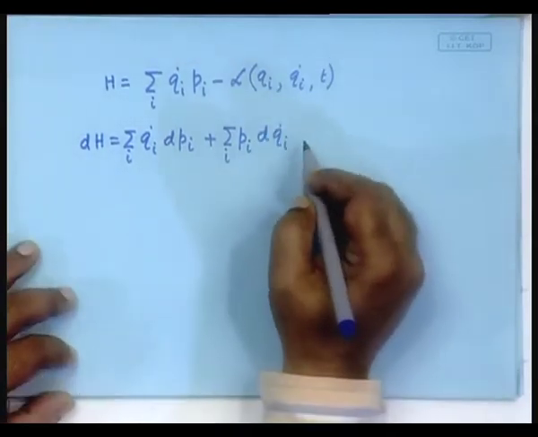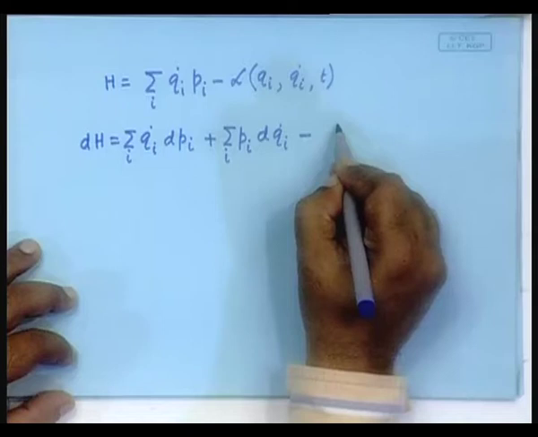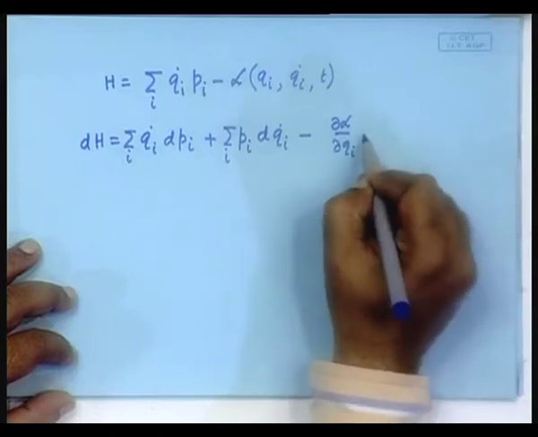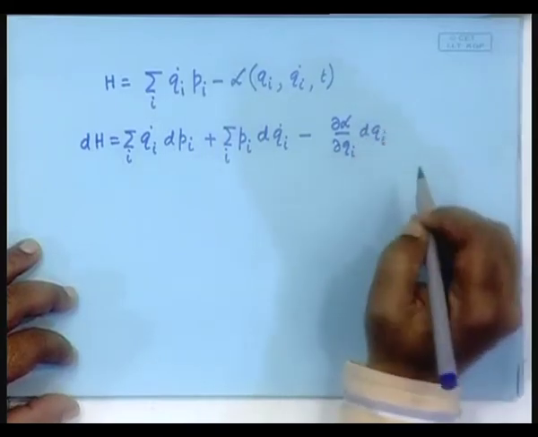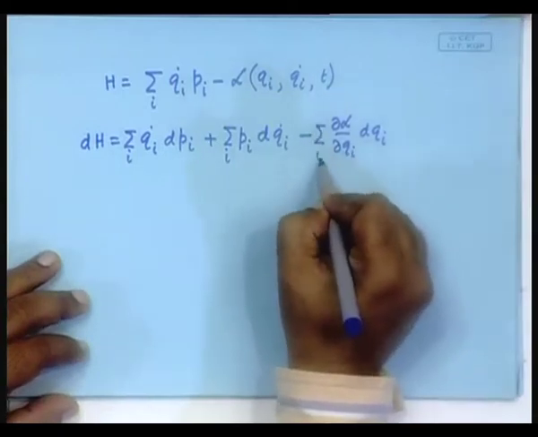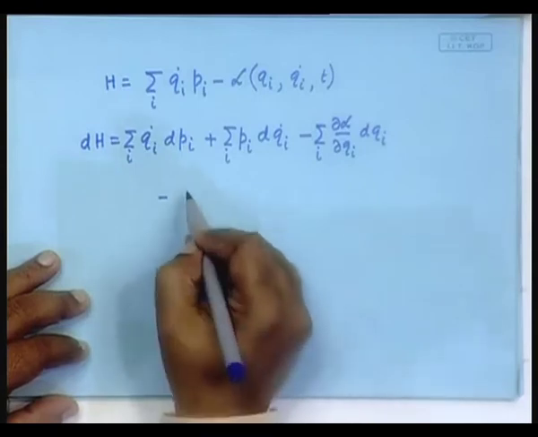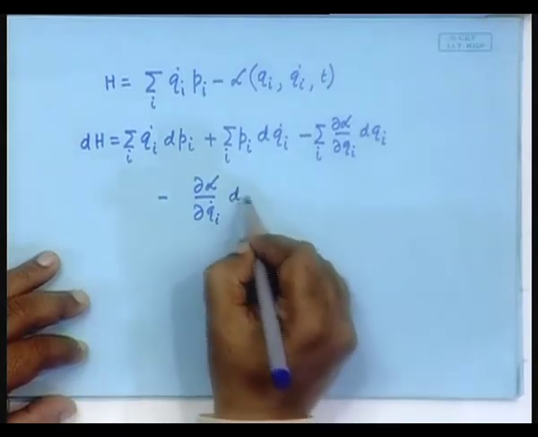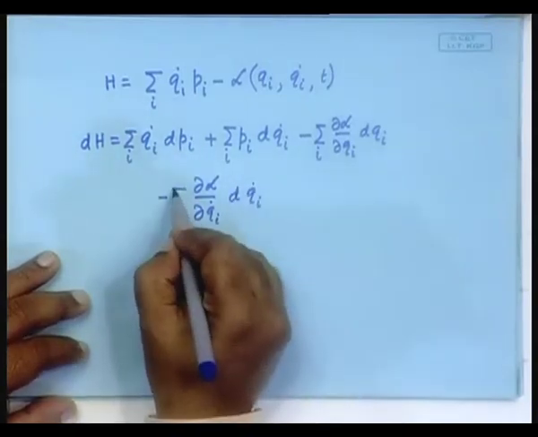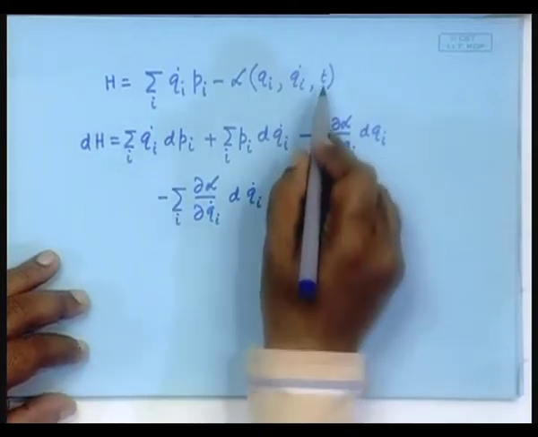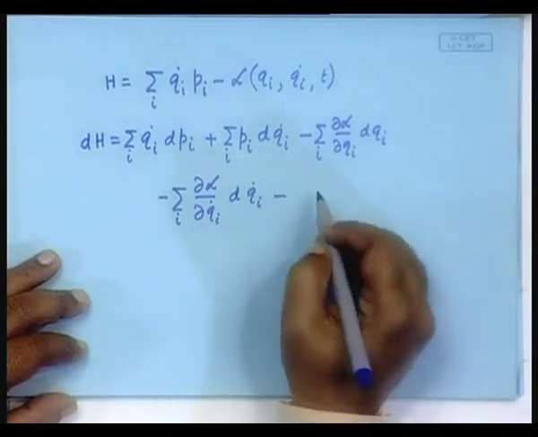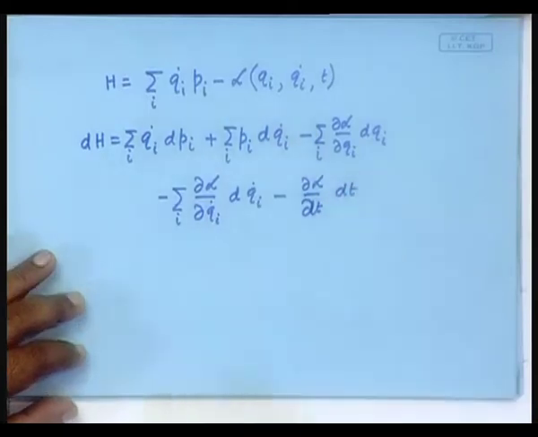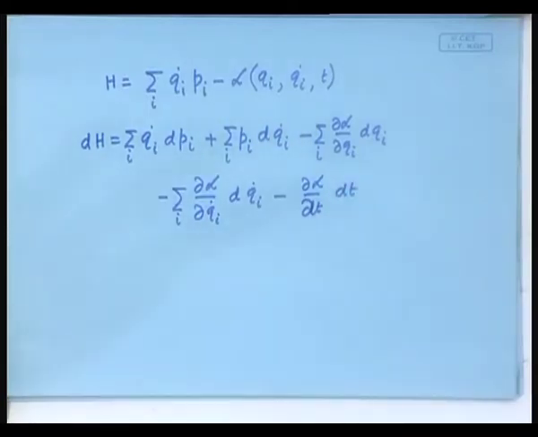So, it will have to be written as minus derivative of the Lagrangian with respect to qi, dqi, also summed over i, minus derivative of the Lagrangian with respect to qi dot, dqi dot, again summed over i, and time it will not have to be summed over, it is derivative of the Lagrangian with respect to t, dt. Sorry, that completes the story.